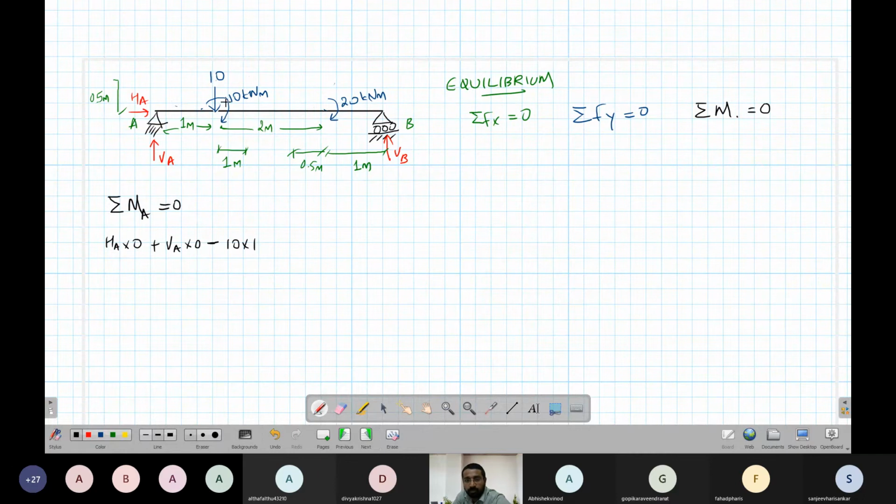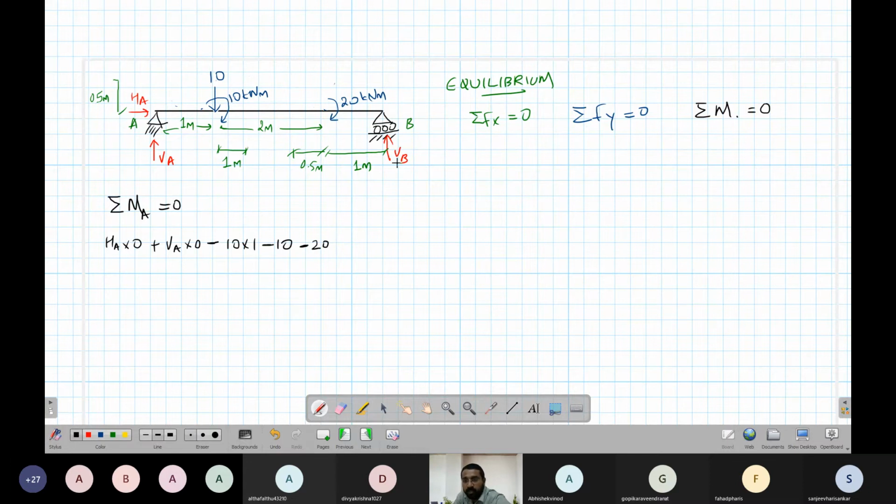Then this moment will be the same moment, clockwise, so it's minus 10. Then this moment is there. It is also clockwise, so it is minus 20. Then the moment due to this moment about this point will be the same, but since it is clockwise, it is minus. 10 into 1, clockwise, minus 10 into 1.